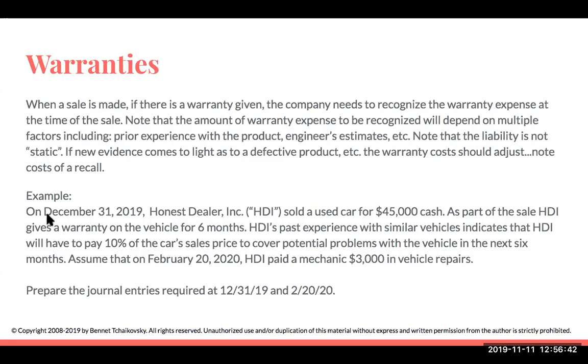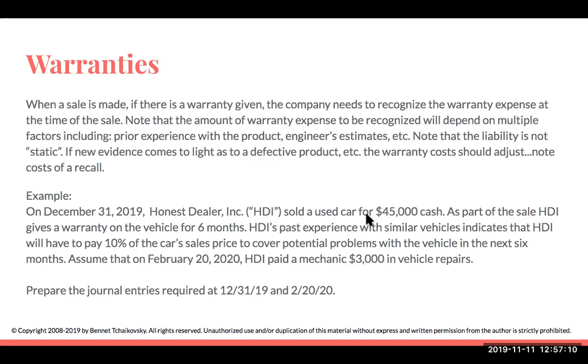So our example here is on December 31st, 2019, Honest Dealer Inc., HDI, another fictional character, sold a used car for $45,000 in cash. As part of the sale, HDI gives a warranty on the vehicle for 6 months. HDI's past experience with similar vehicles indicates that HDI will have to pay 10% of the car's sales price to cover potential problems in the next 6 months.